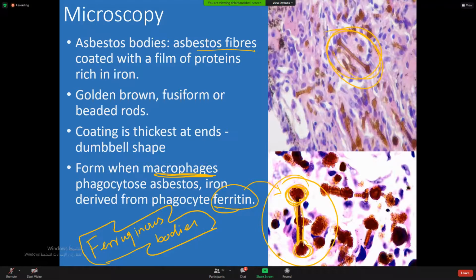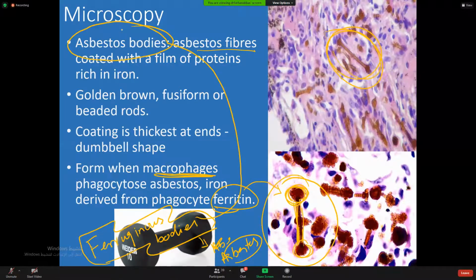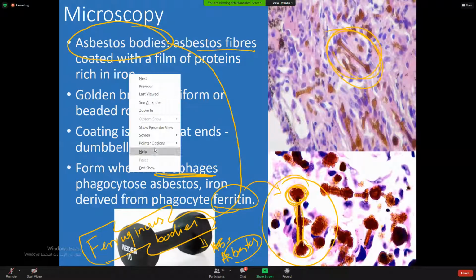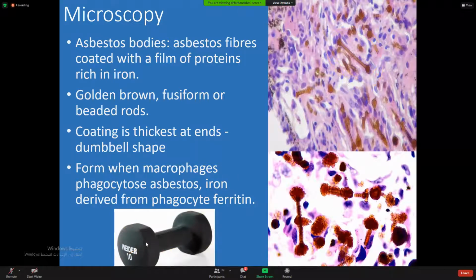But if it is diagnosed or confirmed that this is asbestos, then we call this ferruginous body an asbestos body. Okay. So this looks like a dumbbell, and that is the reason that we call it dumbbell shaped.